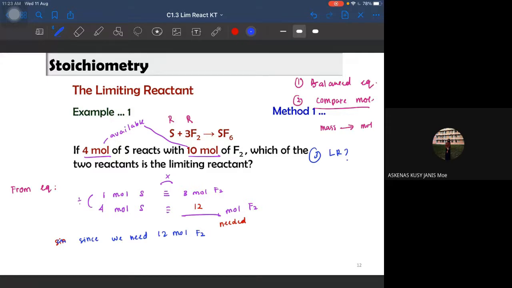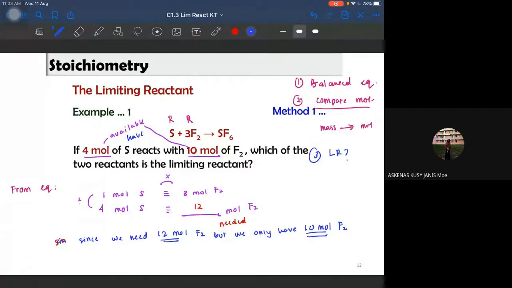Right, so since we need 12 mole of F2, but we only have berapa? Ini available ni adalah apa yang kita ada. Only have 10 mole of F2. Okay. So maksudnya tak cukup lah. Kita perlukan 12. Yang ada cuma 10.